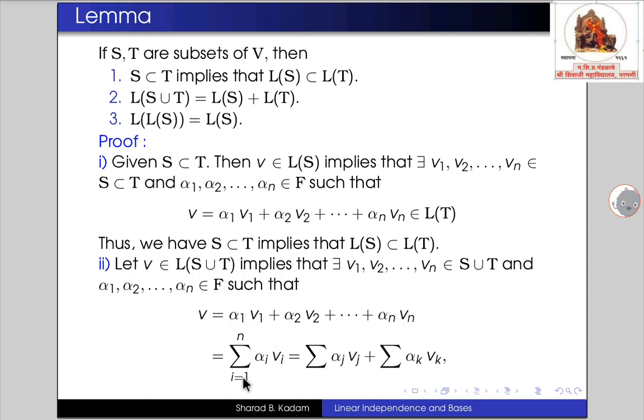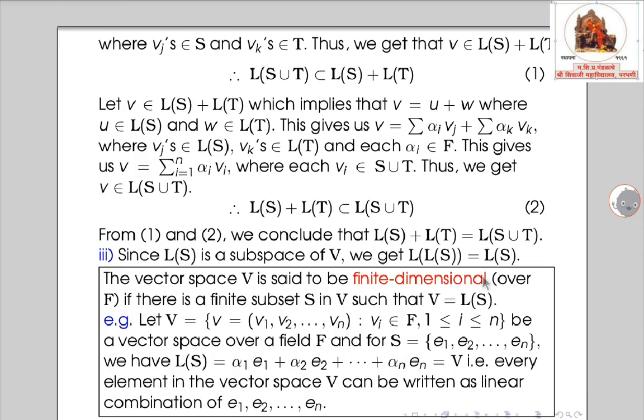So we write it in the summation form, and since some vectors are in S, some vectors are in T, and some are in both sets, we write this summation equals the summation of alpha j vj plus the summation of alpha k vk. Here the vj's are in the set S, the vk's are in the set T.